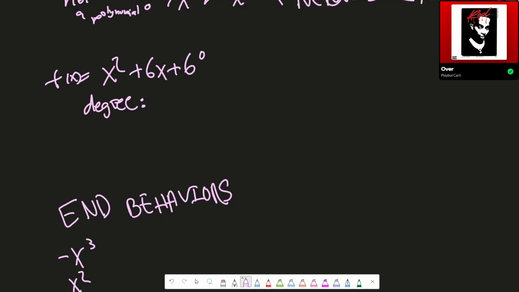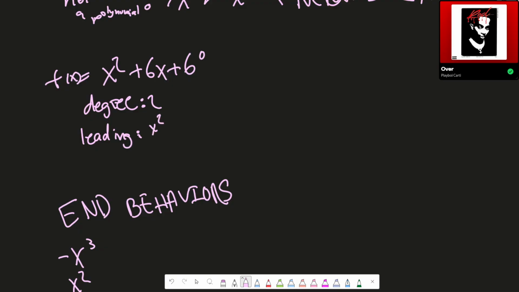Here we have the power of 0, so it's definitely not that. 1, and then we have the power of 2 right here, so the degree is 2. The leading term is the term with the highest degree. So here that would be x squared.